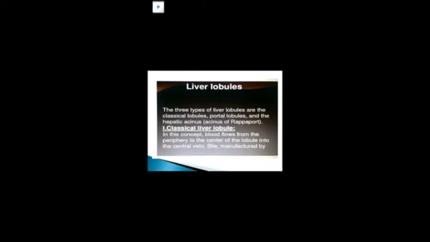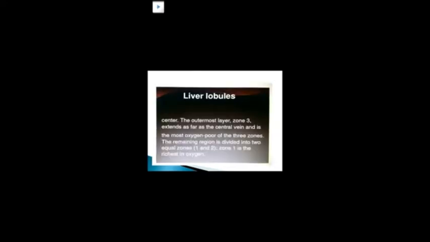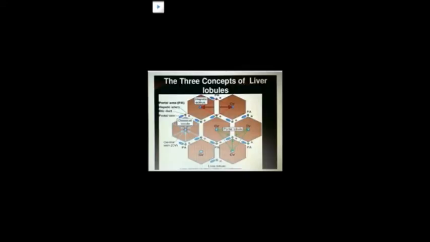The liver lobules, as you all are aware, are basically divided into classical lobules, portal lobules, and the hepatic sinusoids. We will not consume much time on this. We'll move ahead just to brush you up.